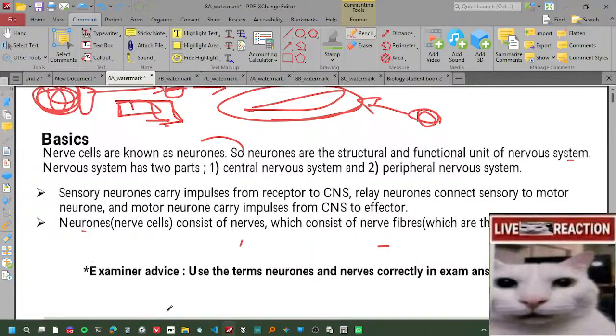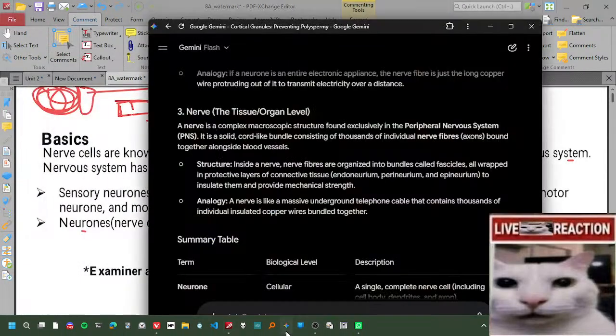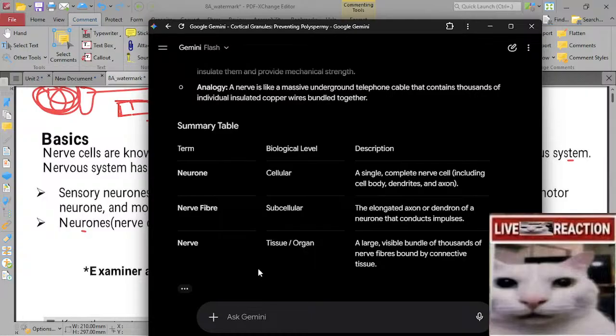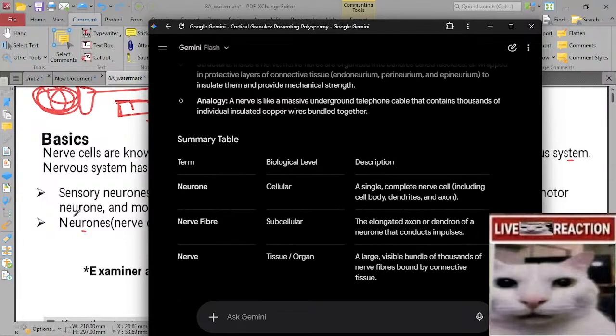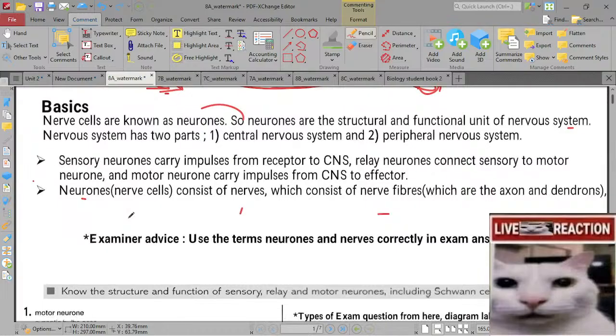You said nerves were the organs which contain loads of stuff, right? Which makes no sense. How does the nerve cell consist of the nerve organ? Does a nerve consist of neurons?